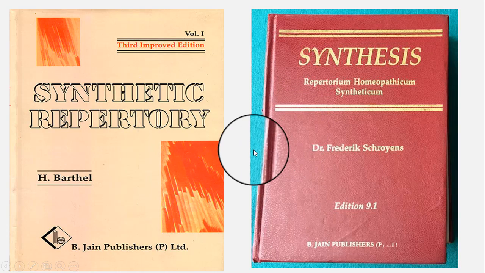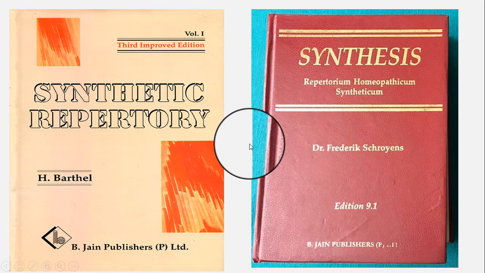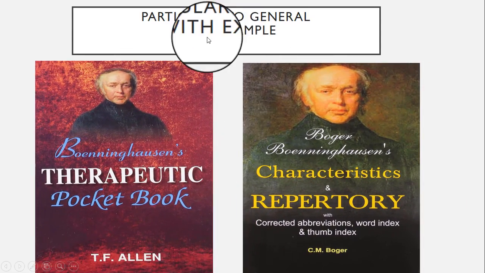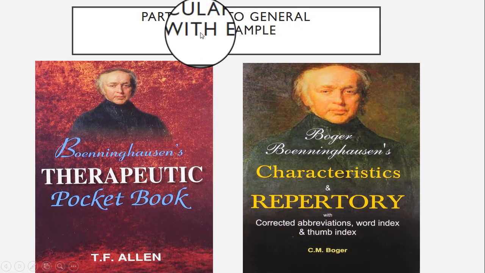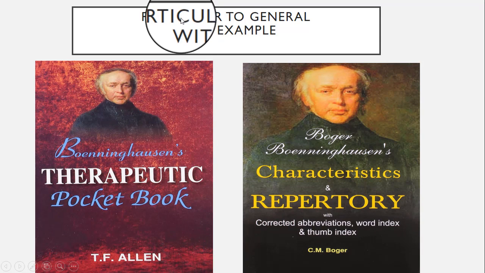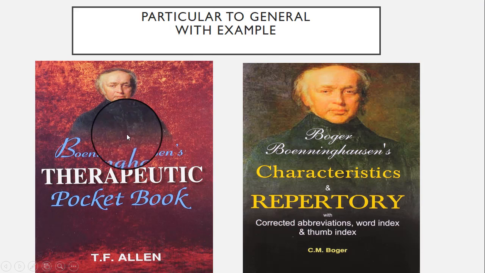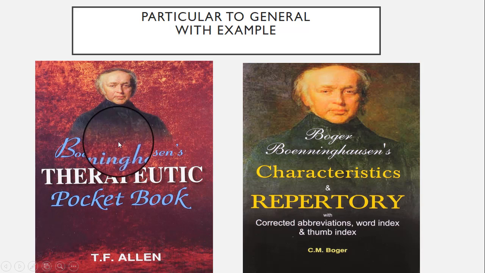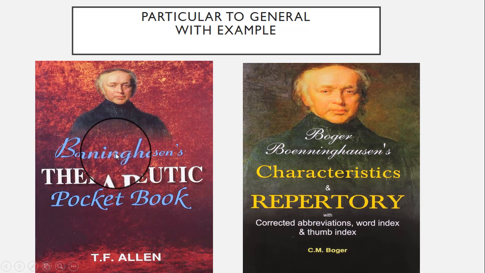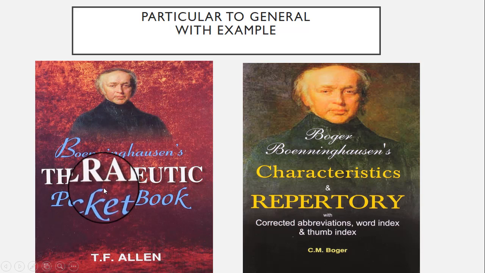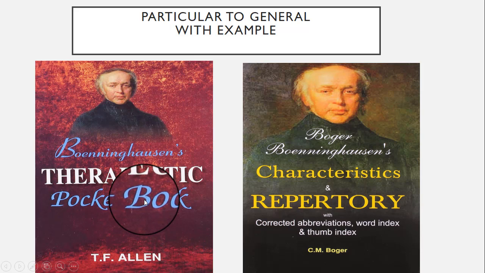Second subtype is particular to general premises, with examples. It is based on the philosophical concept of totality, first based on the doctrine of analogy and concomitance. The example you can see here is Therapeutic Pocketbook, that is TPB, by Dr. Boenninghausen.